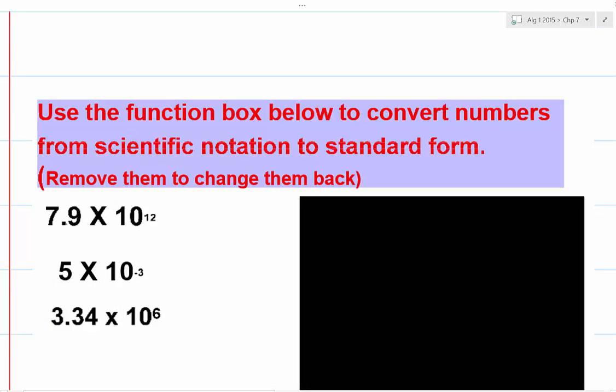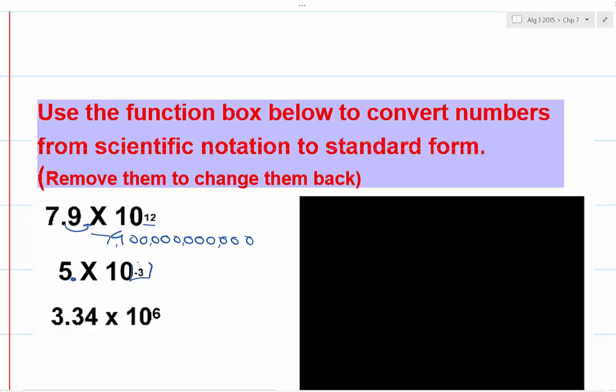We'll be able to translate those back and forth. So we know that this should be 7.9 times 10 to the 12th. That means we're going to move this decimal 12 places, but it only requires 11 zeros. And I think it is helpful for both of us to put commas in so we can see what's going on with those. Remember, the decimal point is right after the 5 here.